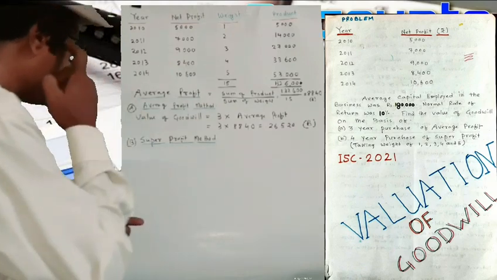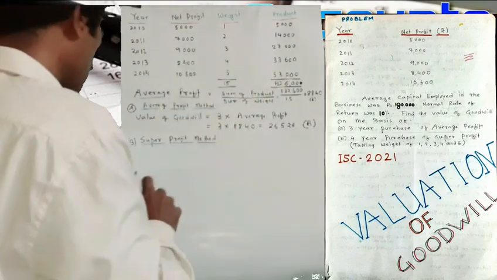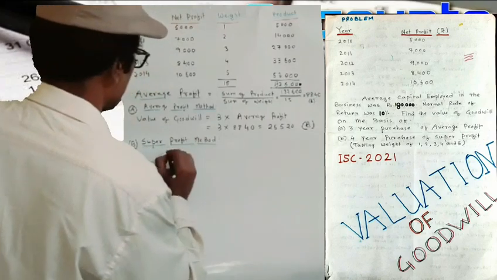At first we have to find the super profit. We know the average profit.